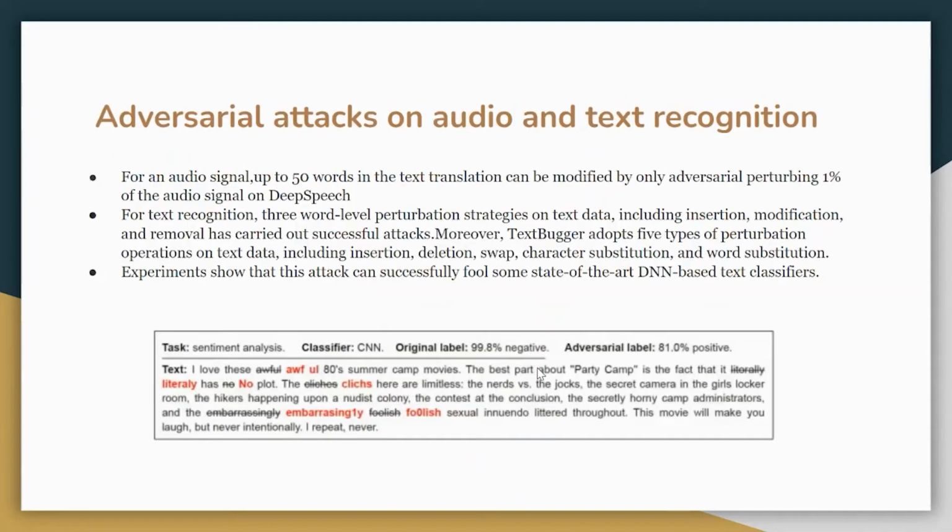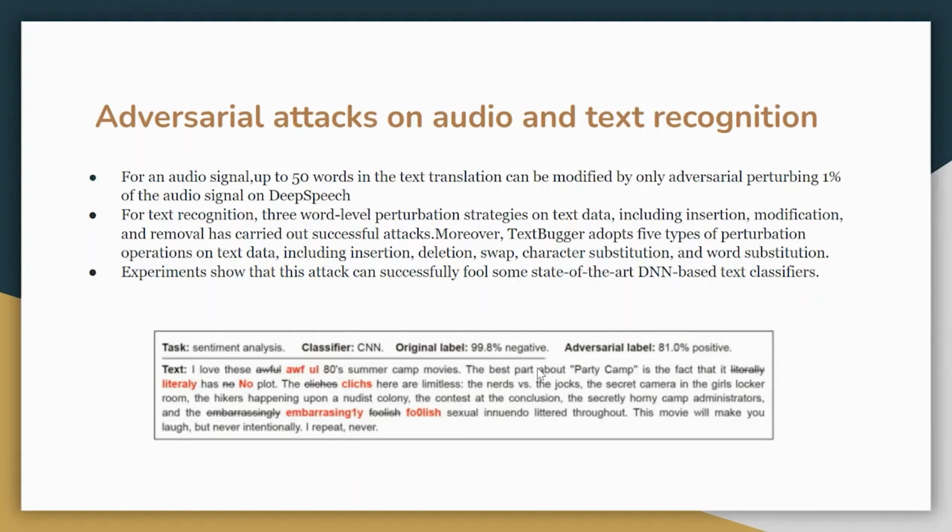Apart from that, these adversarial attacks are also possible in the domain of 3D recognition, in audio and text recognition, and also in deep reinforcement learning. So, talking about the audio recognition, for an audio signal input, up to 50 words in text translation can be modified by introducing a perturbation of 1% in the audio signals.